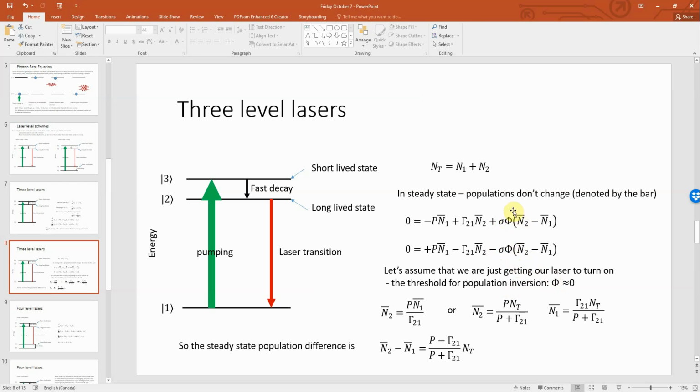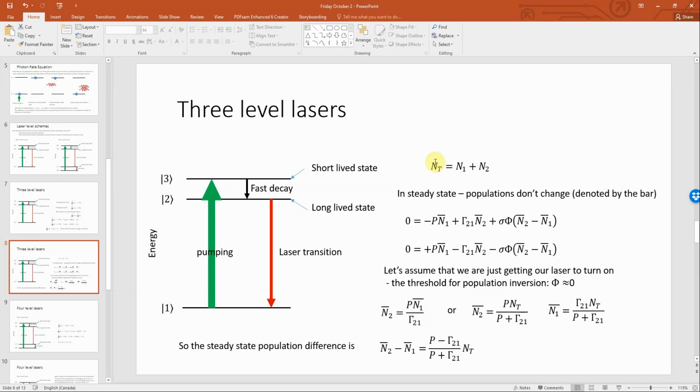So when this is just starting, we have no photons in the cavity, or very, very few photons in the cavity. So we're going to say that this is 0. And that gives us a very simple equation: the steady state upper state population is going to be the ratio of the pumping rate to this decay rate times the number of atoms in the lower state.